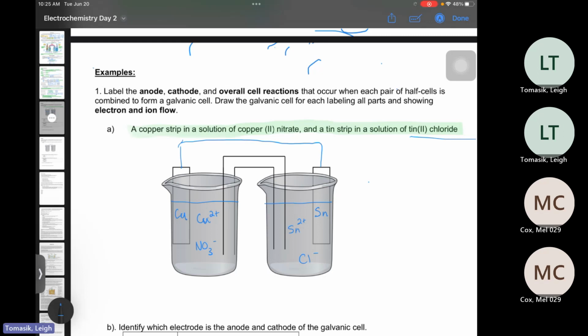In order to figure out what happens, we have to figure out which metal is our anode and which metal is our cathode. So we're going to look up tin and copper, and see which one is higher and which one is lower.